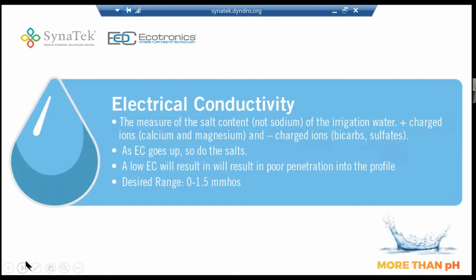I had no supplemental wells, and my water was really, really light. My EC was low, and it took me a couple of years. I was growing bent grass in straight sand, and I could not get any penetration into the profile. It took me a couple of years to get a handle on that. My EC was my biggest culprit.